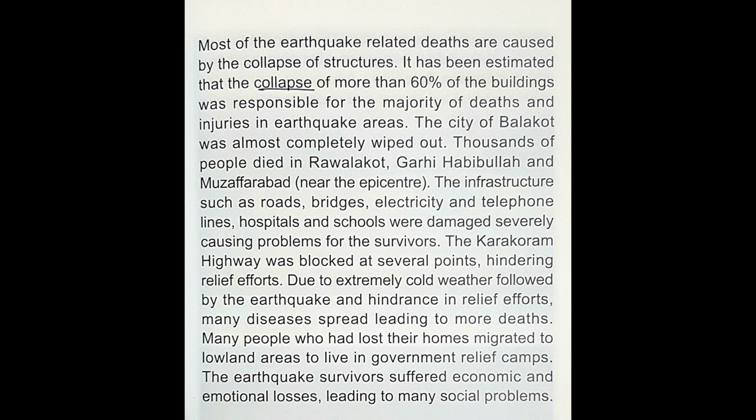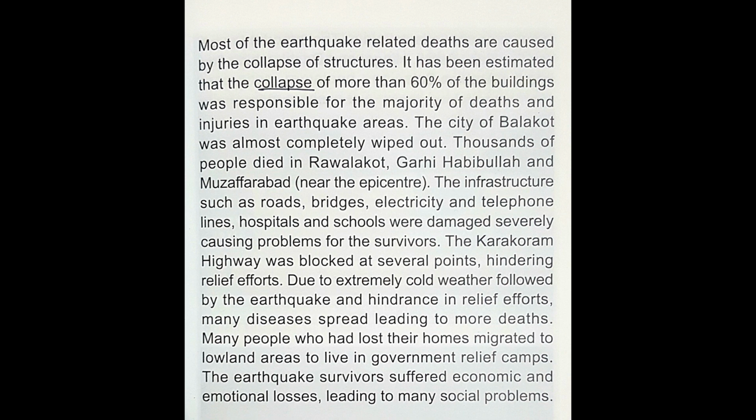Many people who had lost their homes migrated to lowland areas to live in government relief camps. The earthquake survivors suffered economic and emotional losses, leading to many social problems, as the survivors had to depend on government expenses.